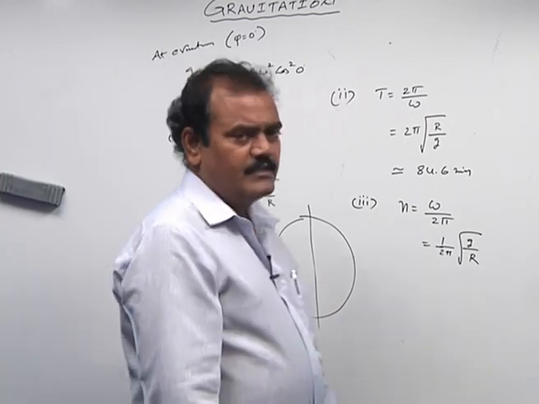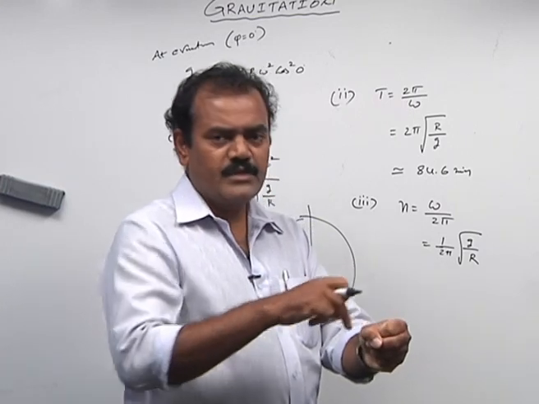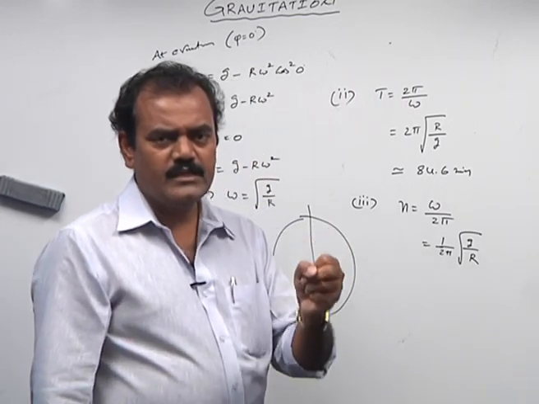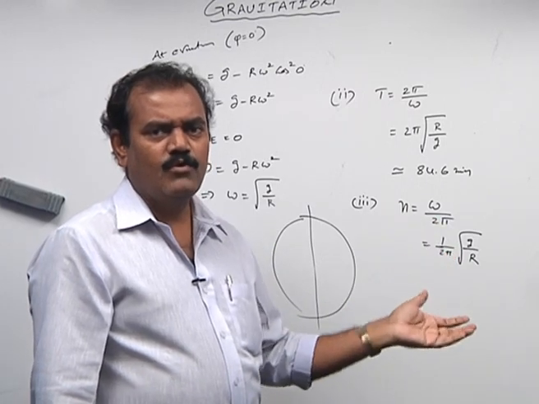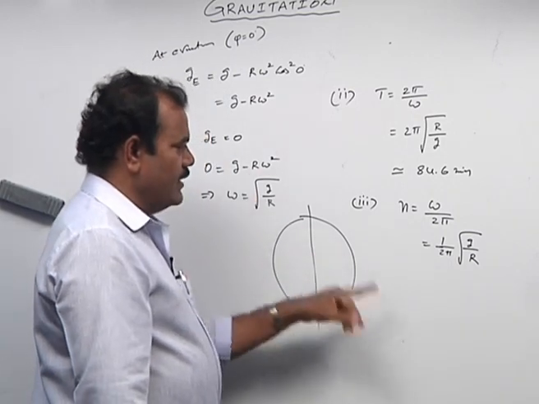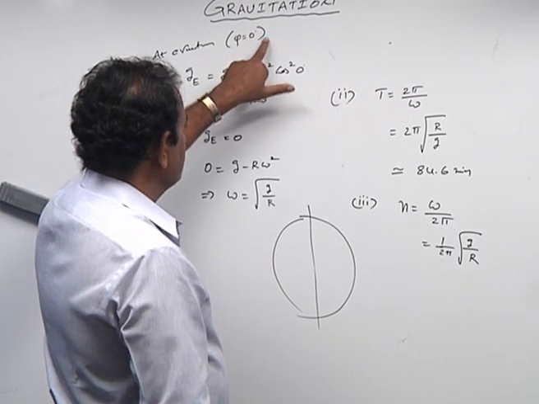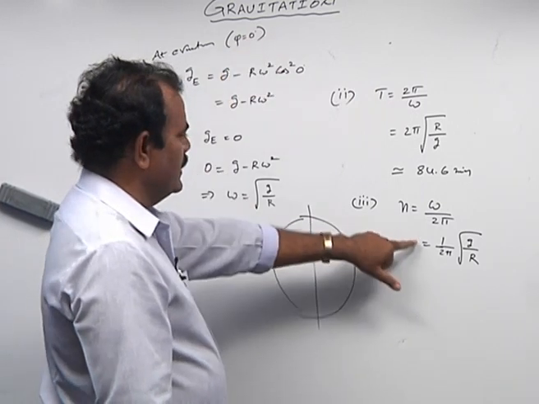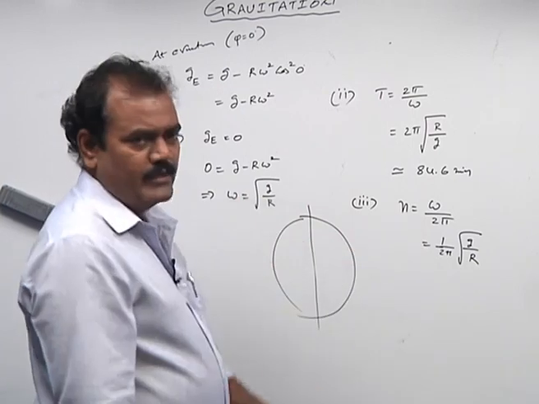Because the equator is the biggest diameter of the Earth. The particles are very far away from the polar axis, so they naturally experience more centrifugal force. That's why the change becomes maximum at the equator. So we have considered that for small g to become 0 at the equator, the time period, frequency and angular velocity should be like this.